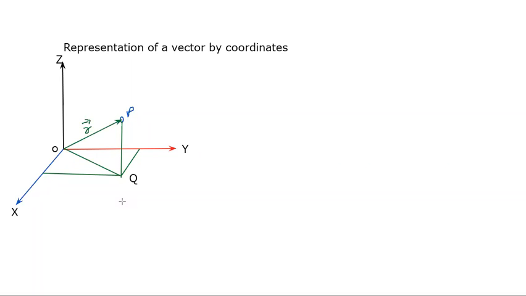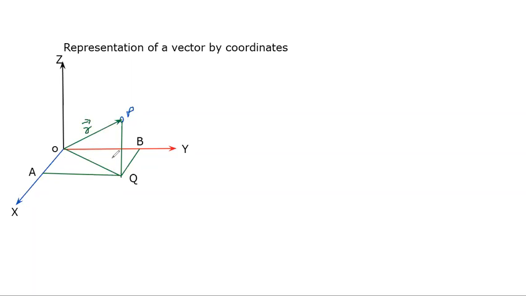Can you make out the 3D picture, everybody? See, this is the vector that we need to calculate. If we draw a perpendicular on the XY plane, this is known as the perpendicular projection, or OQ is the projection of OP on the XY plane, right?